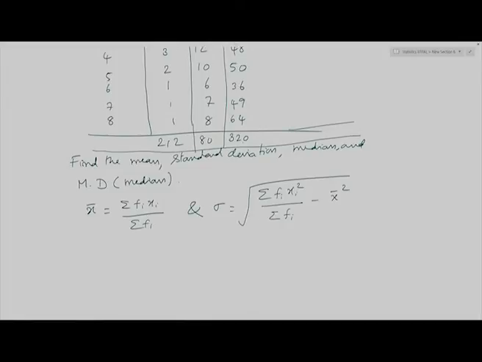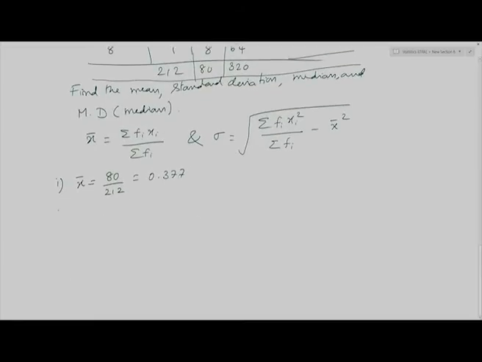Since we know the totals, we can substitute. Let us compute one by one. X bar, the mean, is sigma fi xi, that is 80 divided by 212, which is equal to 0.377.